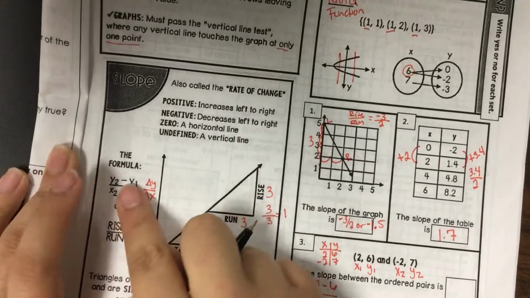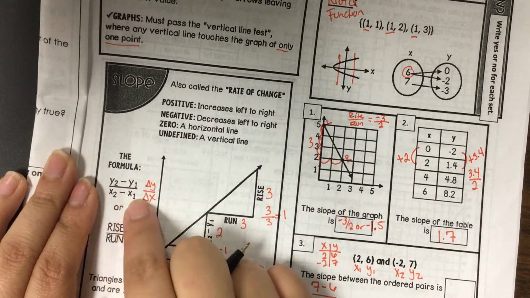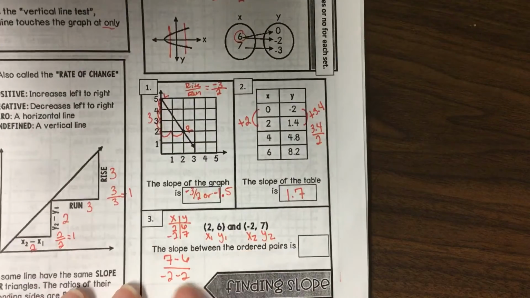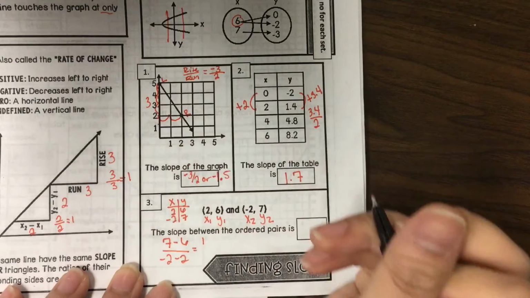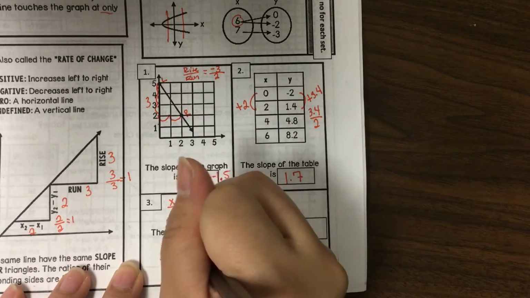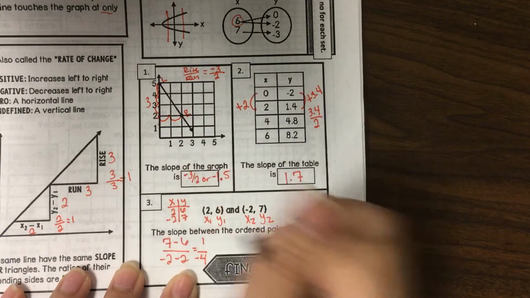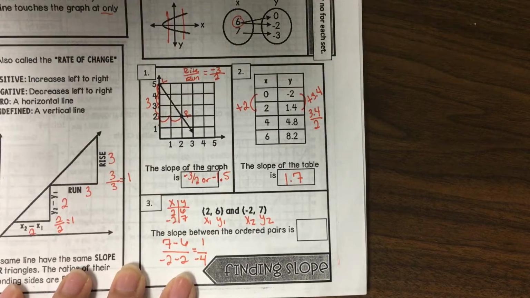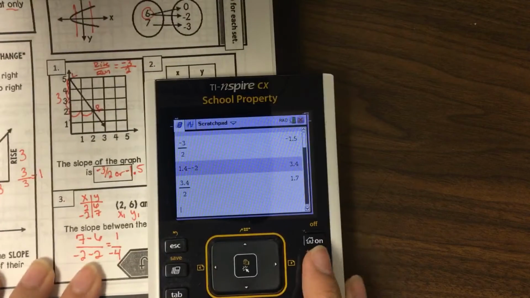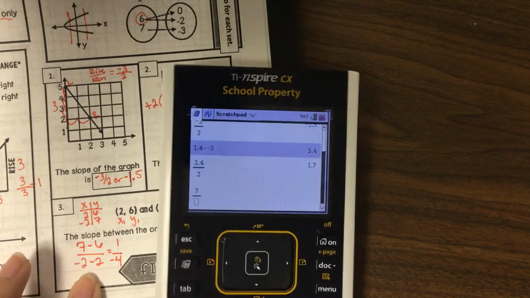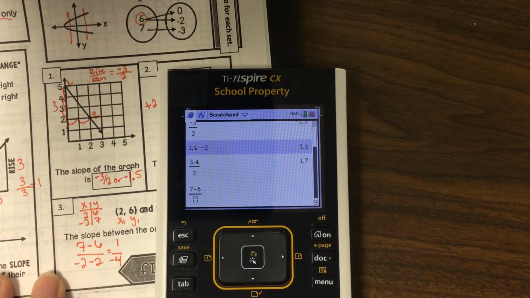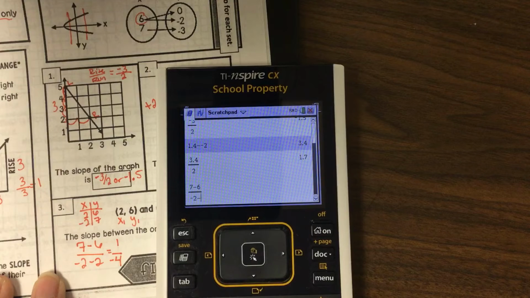So I'm just following this formula, y2 minus y1, x2 minus x1. 7 minus 6 is 1. Negative 2 minus 2 is negative 4. But if you didn't want to do the math yourself, Control Divide, we have our fraction, and we can write 7 minus 6, negative 2 minus 2.